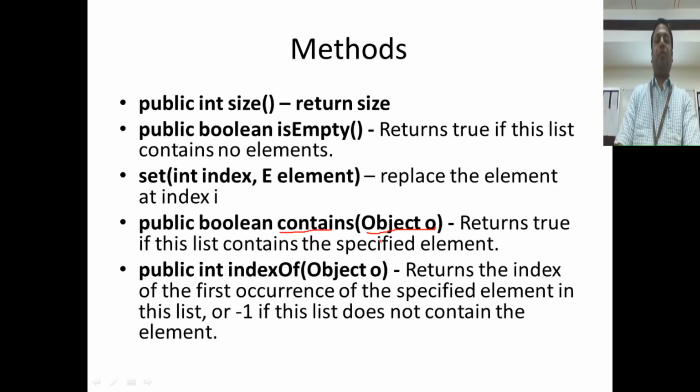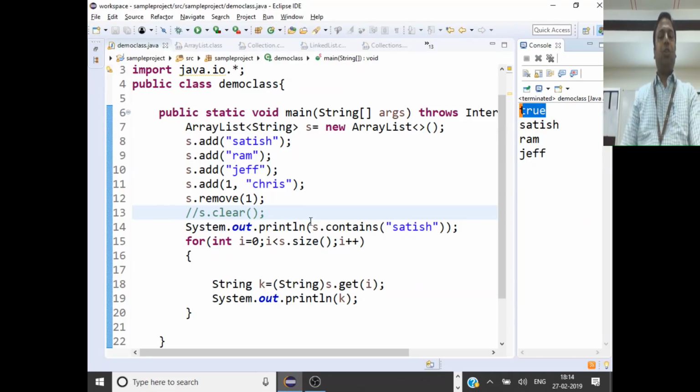There's one more thing, public int indexOf(Object o). If I give this object, it will return me the index of the first occurrence of that object in that particular list. Say if I have Satish, Satish, and then Ram, Ram, and I search for Satish, the first index is 0. So that will be returned. If that element is not present, then -1 will be returned. So you can search for anything using indexOf.